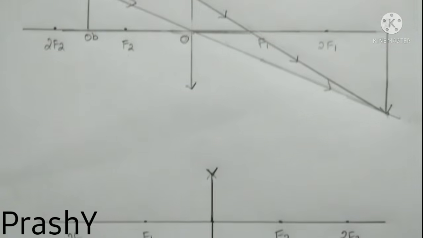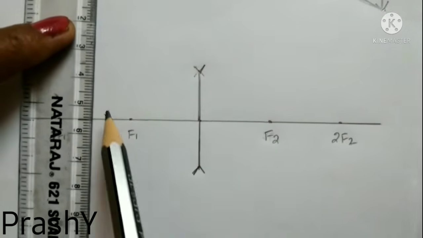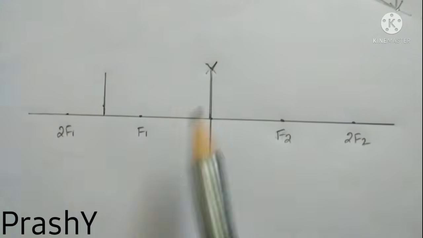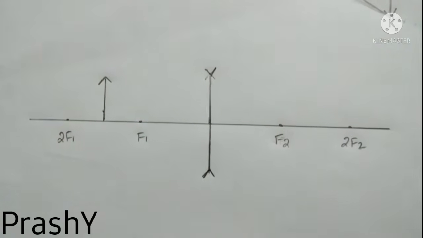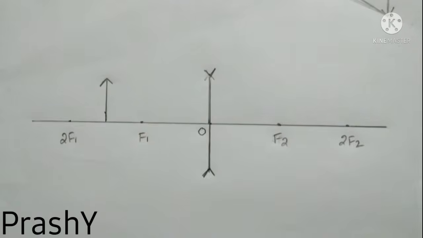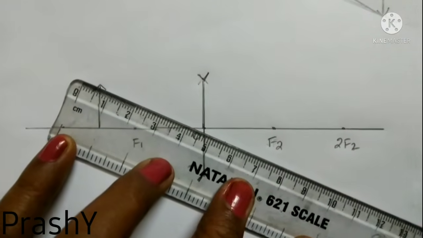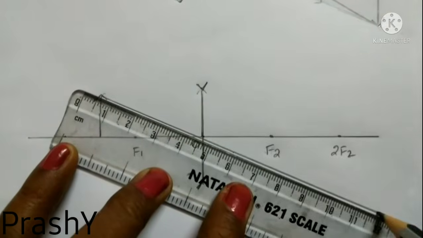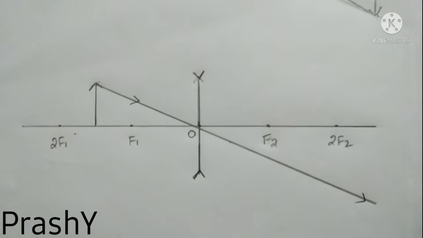For concave lens, let us see. So the object is placed between 2F1 and F1. So this is my object. So a ray passing, this is my optic center. So ray passing through the optic center proceeds undeviated. So this is my incident ray and that is the refracted ray.